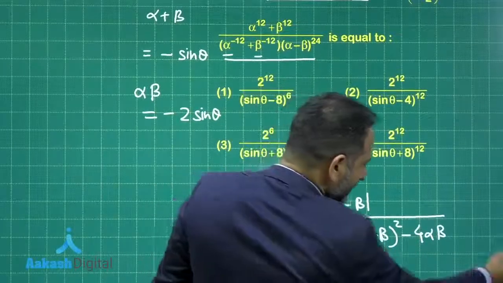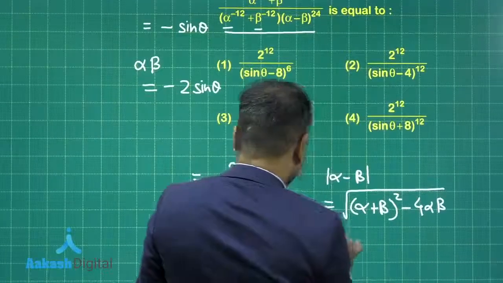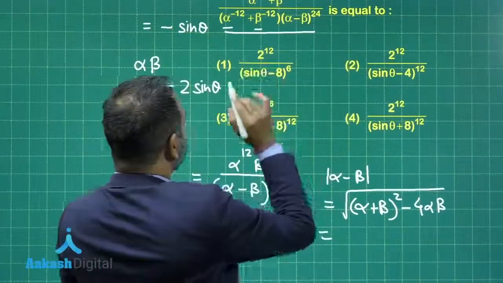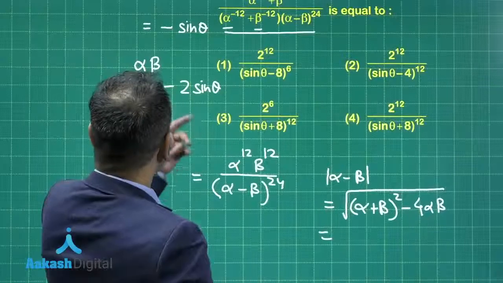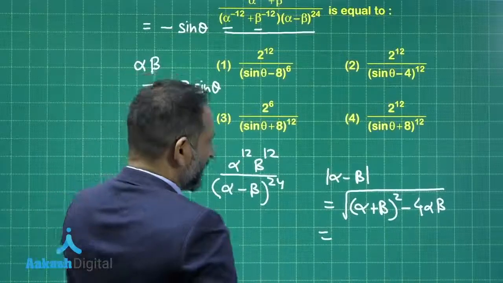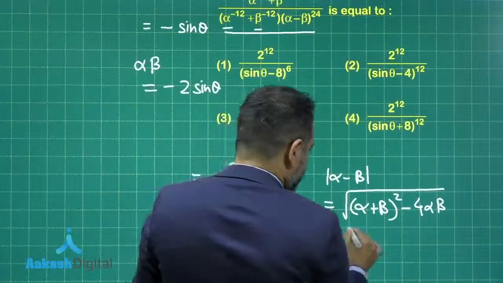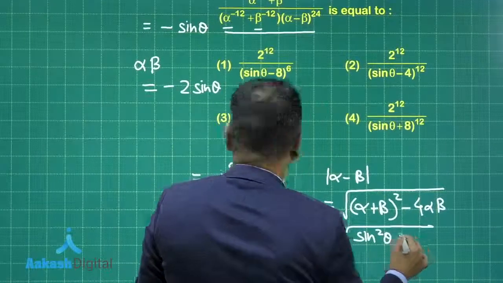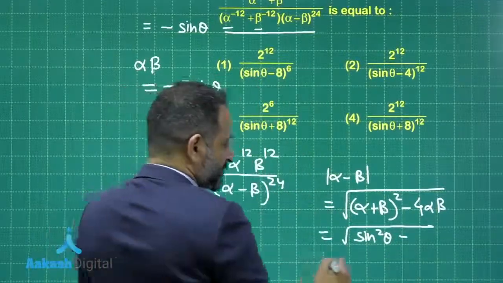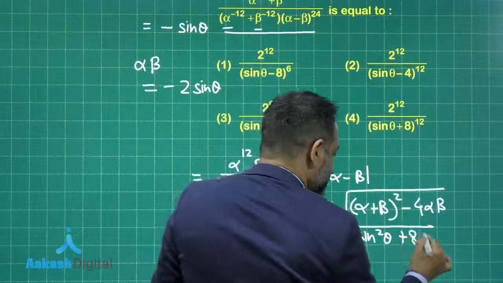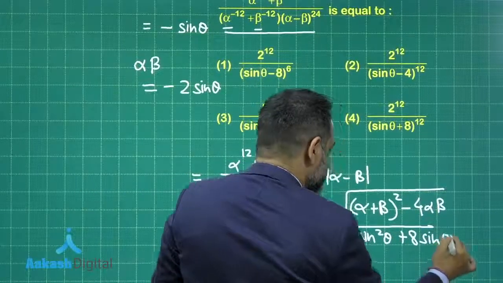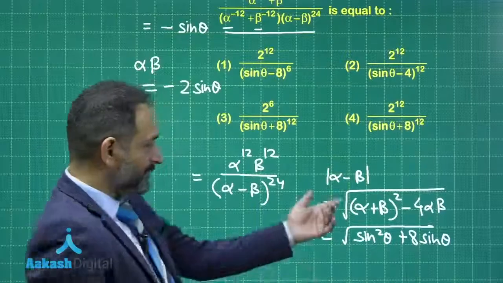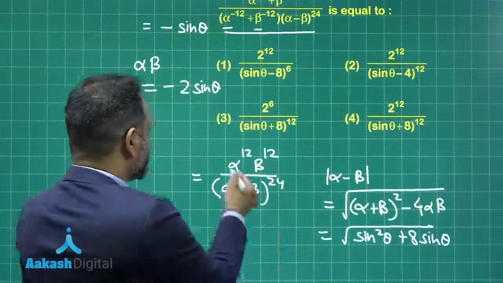So we can calculate this value from the sum of roots. Sum of roots is equal to definitely minus sine theta. So we have sine square theta here minus 4 alpha beta. So this is plus 8 sine theta. So the difference of roots is here for us, the product of roots.